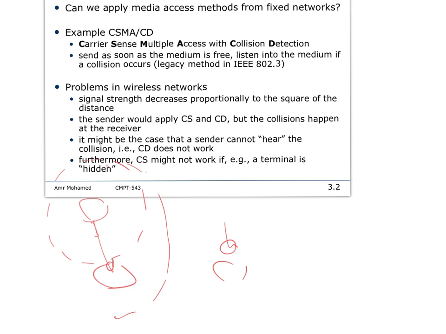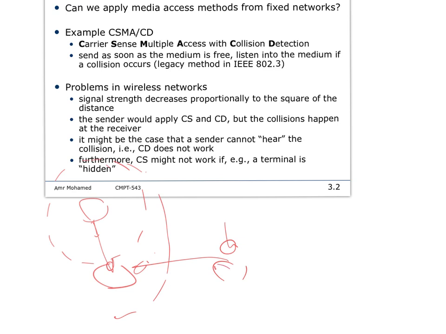And sometimes even carrier sensing will not help. There are so many scenarios where carrier sensing cannot help, because if I'm not in the transmission range or the interference range, I cannot even hear that there is transmission happening. What is the implication of this? This node may in fact also try to send to this node, because it cannot hear that there is transmission happening.